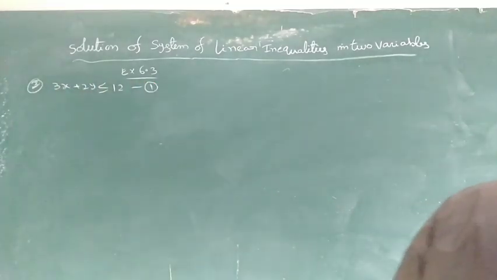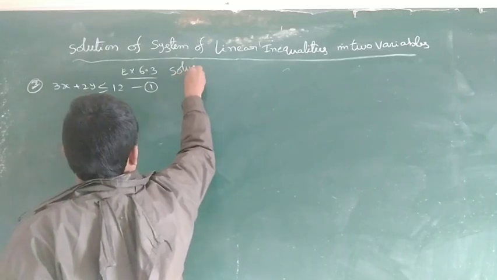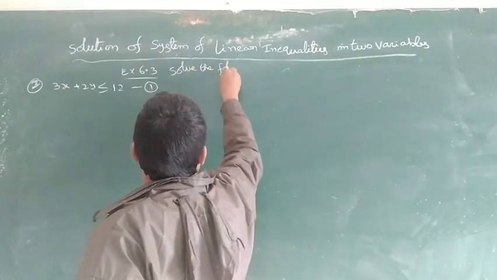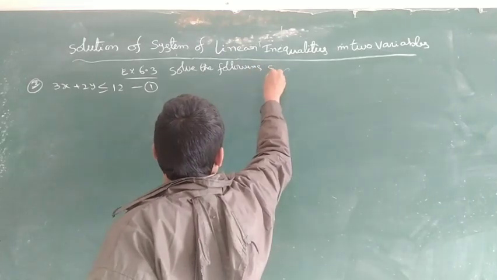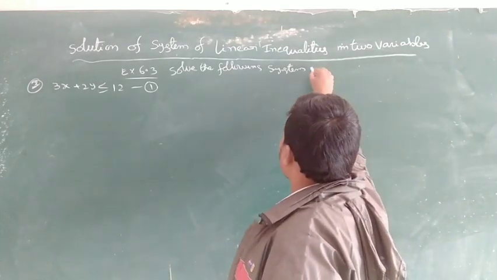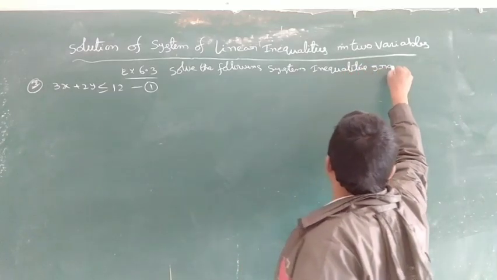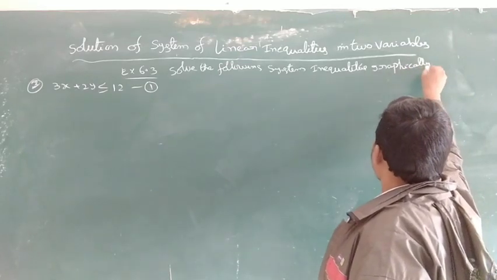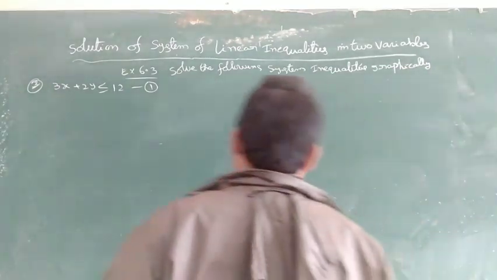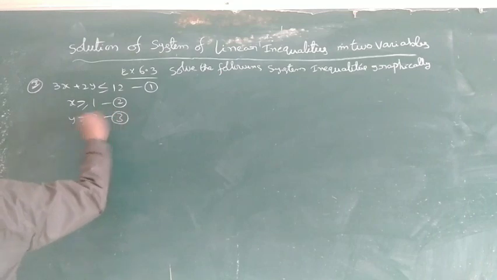Next question: solve the following system of inequalities graphically. 3x plus 2y less than or equal to 12, and x greater than or equal to 1, and y greater than or equal to 3. These are 3 inequalities.